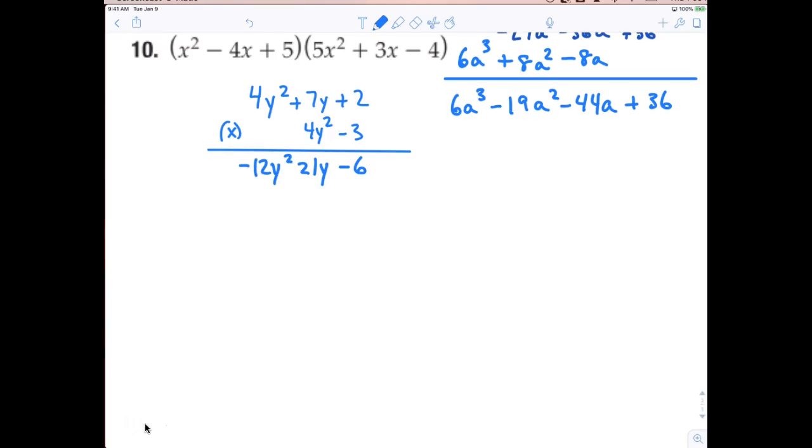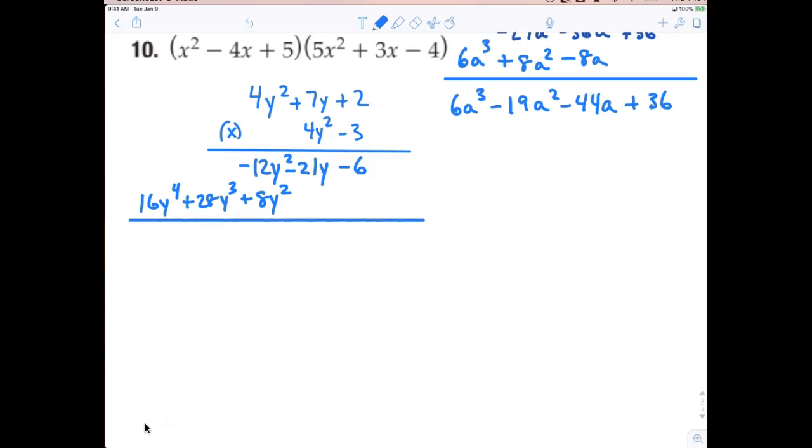Remember, things have to line up. This one's a little bit different because when you multiply 4y squared times 2, you get positive 8y squared. You have to remember that goes under the square terms. That's where some people make their mistakes. Everything's got to line up. And then you just continue on. That would be a positive 28y cubed and a 16y to the 4th.